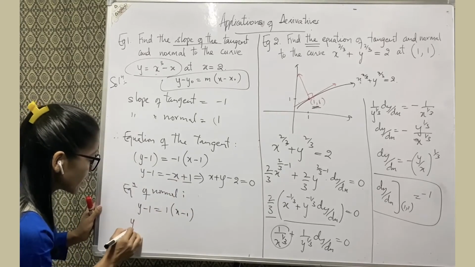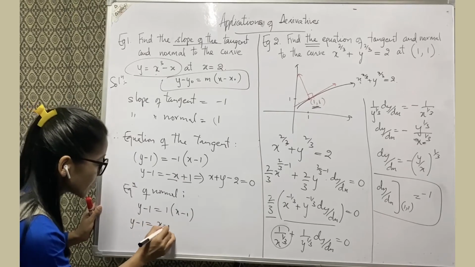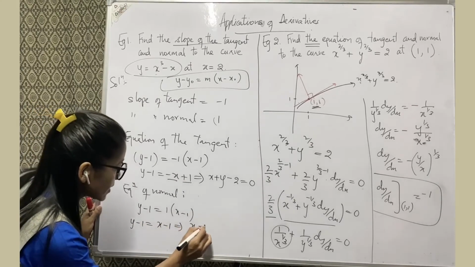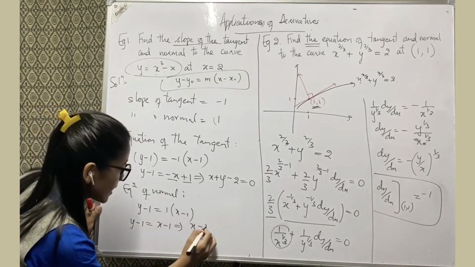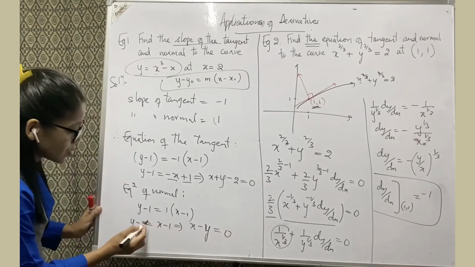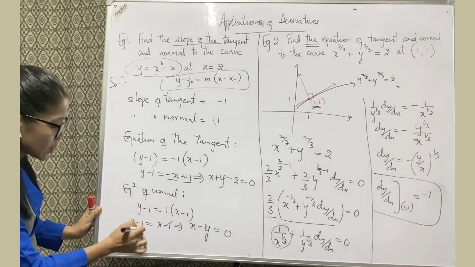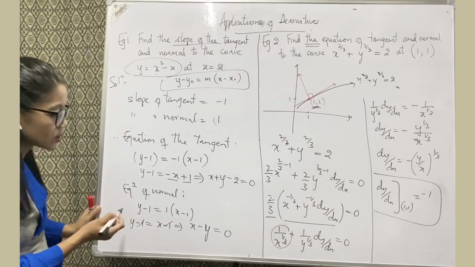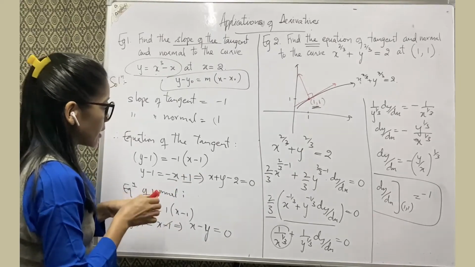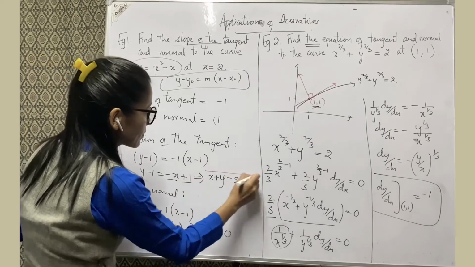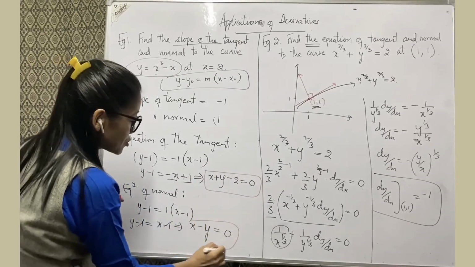So now you simplify it: x minus y is equal to 0. So this is the equation of the tangent, and this is the equation of the normal.